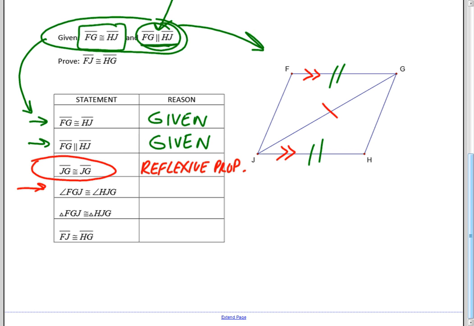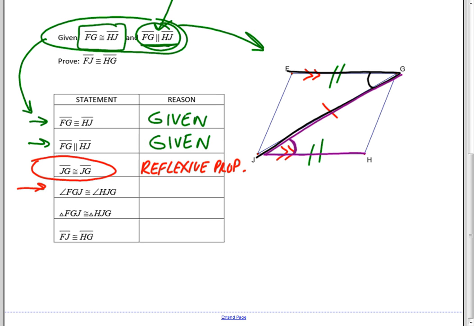We're dealing with angles. So what I do is I actually trace the three letters. F, G, J. F to G to J. So I'm focused on that angle right there. Next one is H, J, G. I'll put that in purple. H to J, back to G. So now I'm looking at this one here. Why is that the same as that?